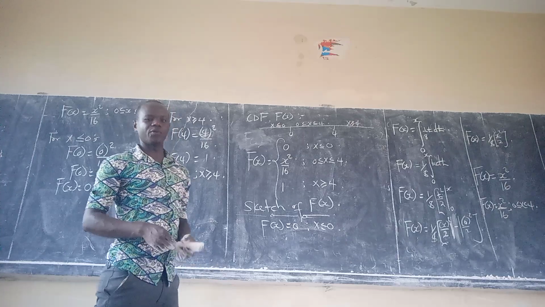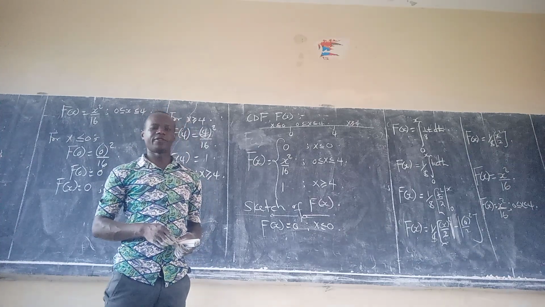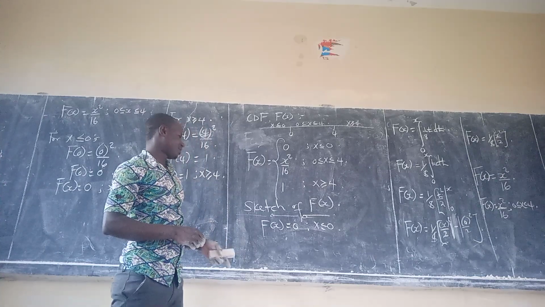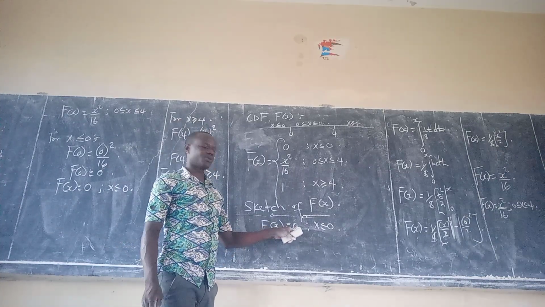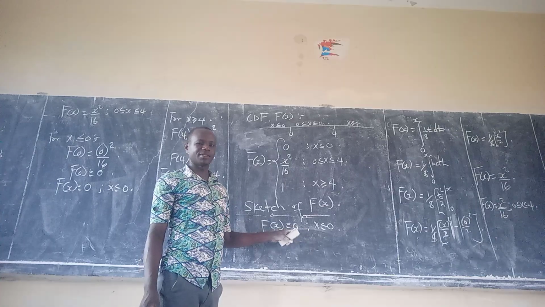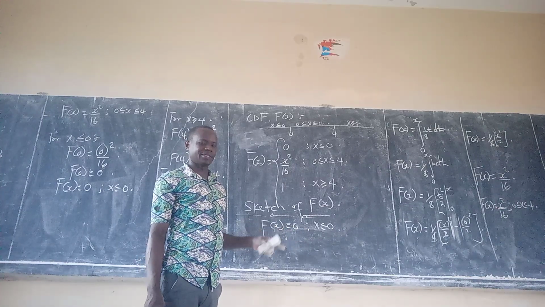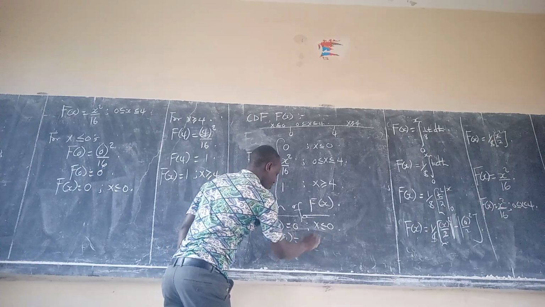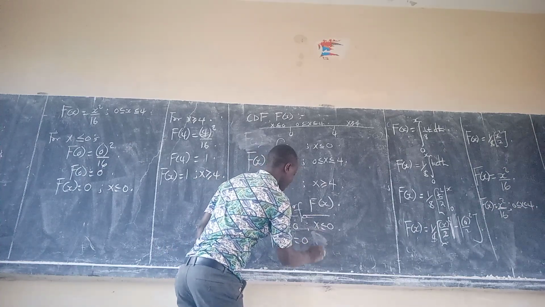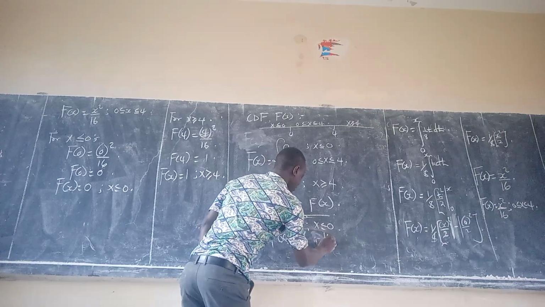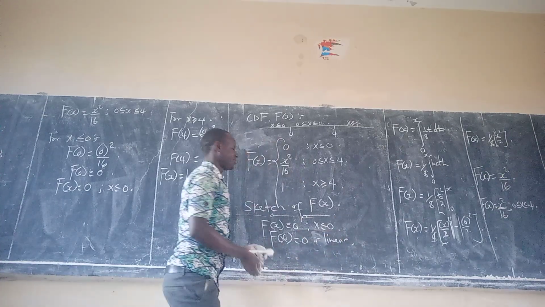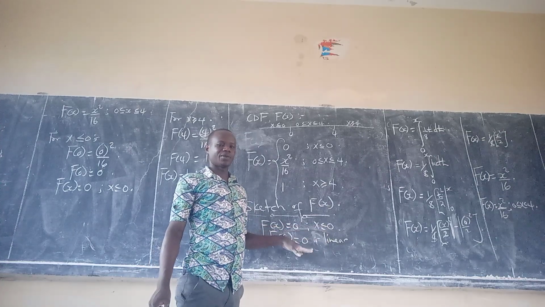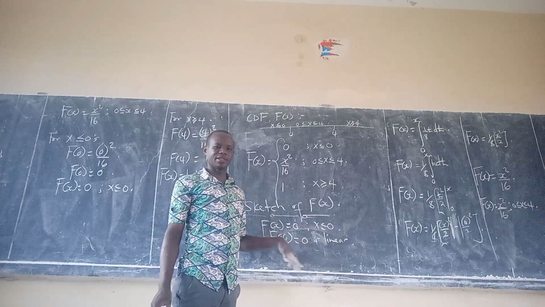Then the next step will be identifying whether F of x is linear or non-linear. My capital F of x is equal to 0. This 0 is a constant, which means that capital F of x is linear. And because it has only one endpoint, which is 0, we don't need to find the values at any point.